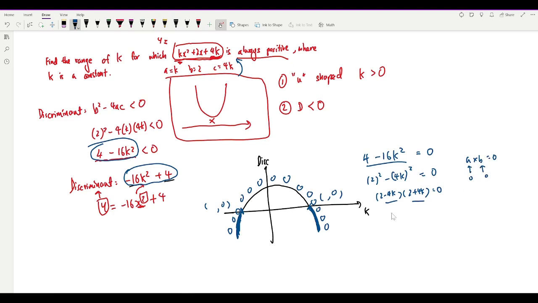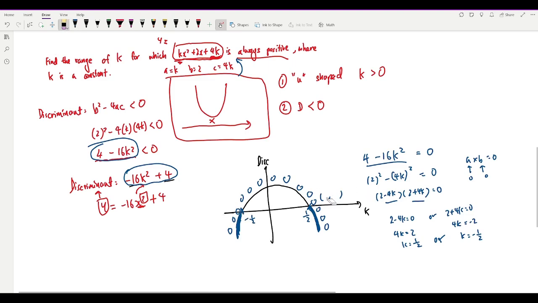So that applies here, okay? So either 2 minus 4k is 0 or 2 plus 4k is 0, which means that 4k is 2, k is half, or 4k is negative 2, k is negative half, right? So this gives me my two values here, right? Negative half and half. Okay.